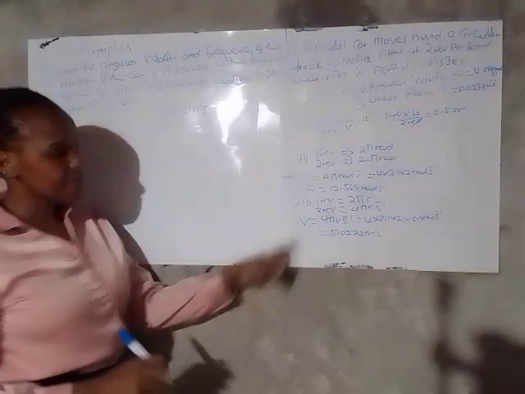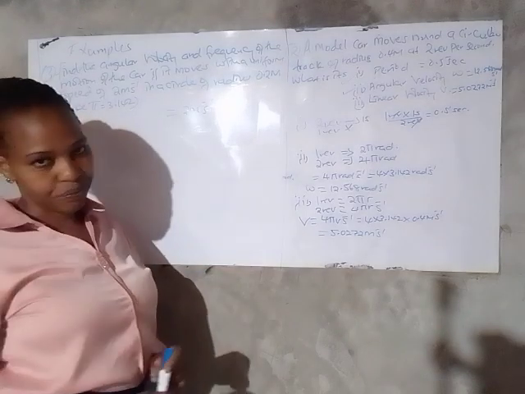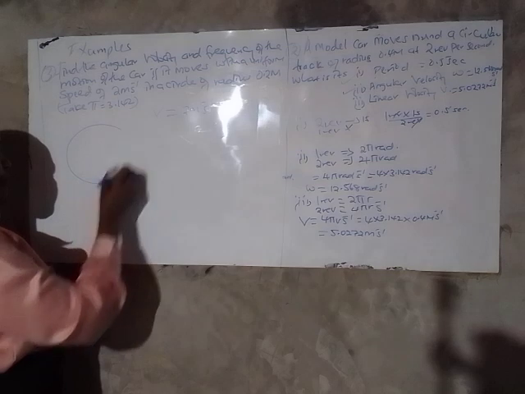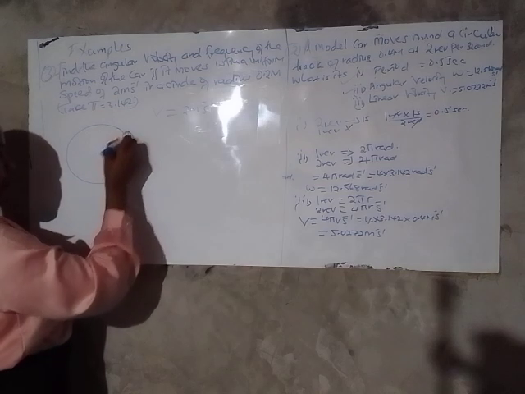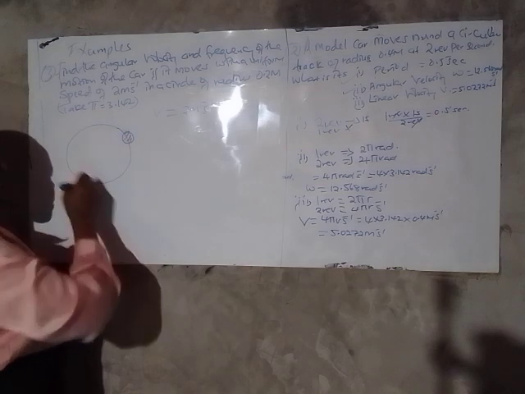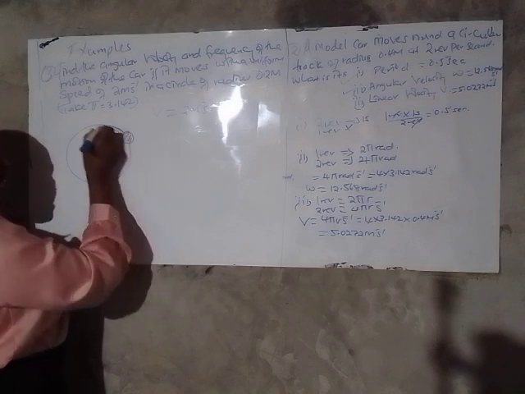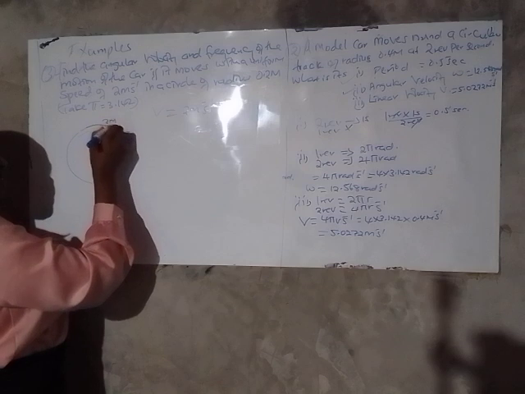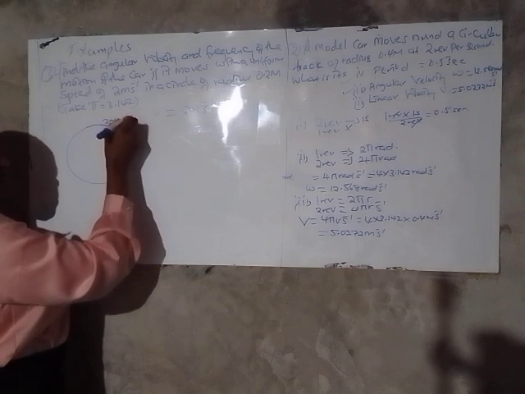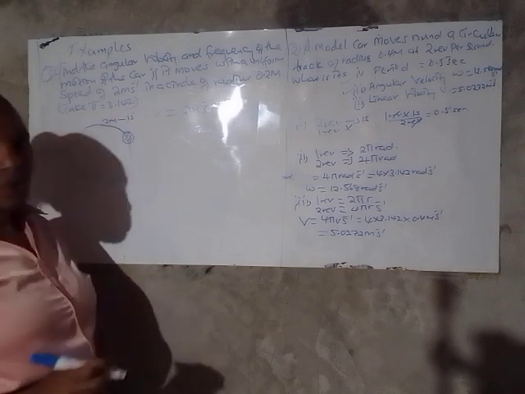Remember, linear velocity is in meters per second. So it is going around a circular path. Let's go back, that's our body. It is going around the circular path, covering in every 1 second a length of 2 meters.